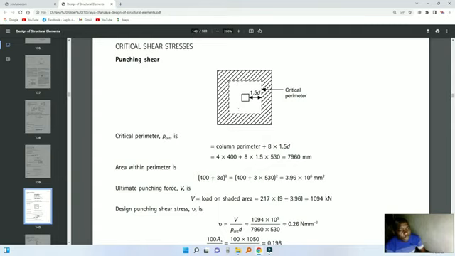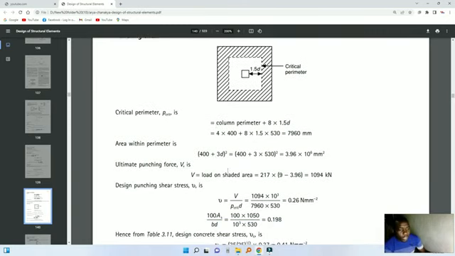Okay, so it's going to be 3D, which is this side, plus the column. Then you square that, since it's a square, so you multiply this side and that side, then you come up with this area. It has been converted to meters. The reason why they did that is so that we are dealing with an area. We want to come up with this area on the outside here.